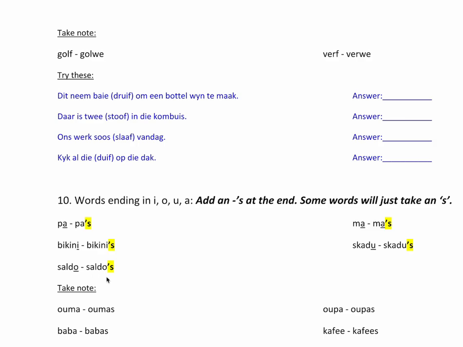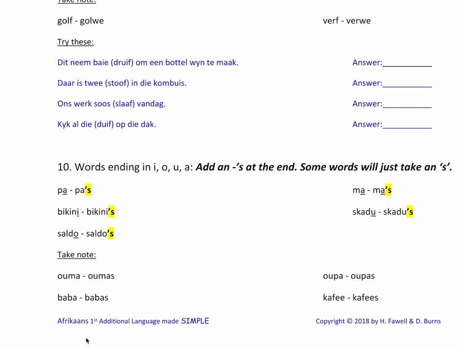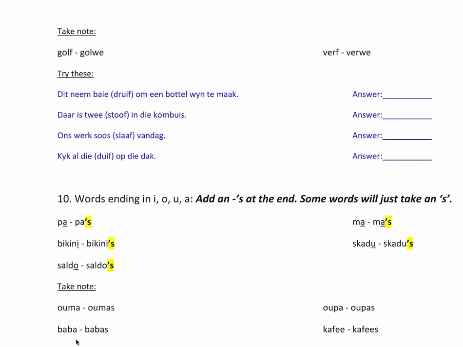Saldu becomes saldu's. Ma becomes ma's. Skadu becomes skadu's. That's how you'll know where to put it. But if you see oma, the accent is on O. So you just add an S. Or what about baba? Same thing. Just add an S. Opa, the accent is on O. Opas. Kafee, kafees. So you just add an S.